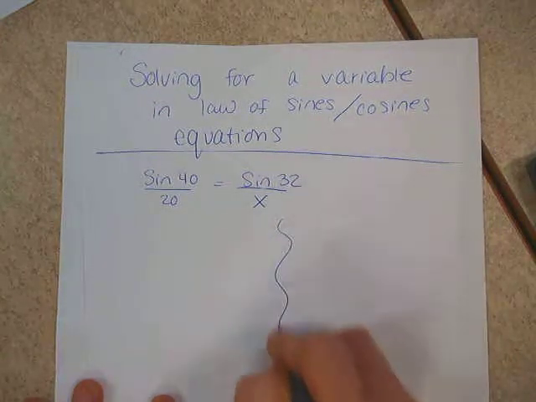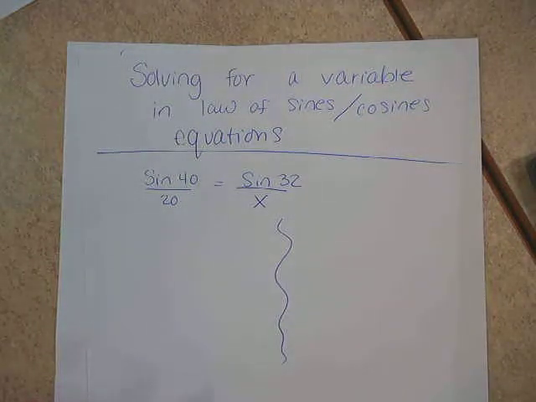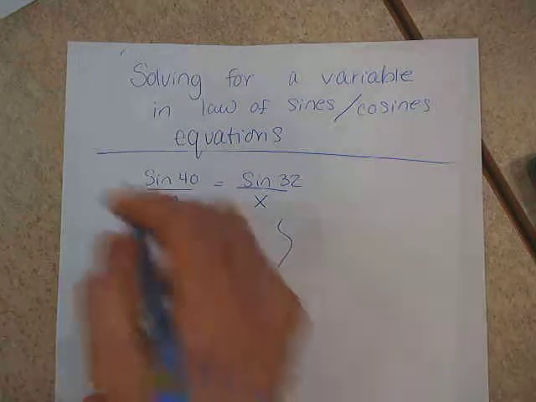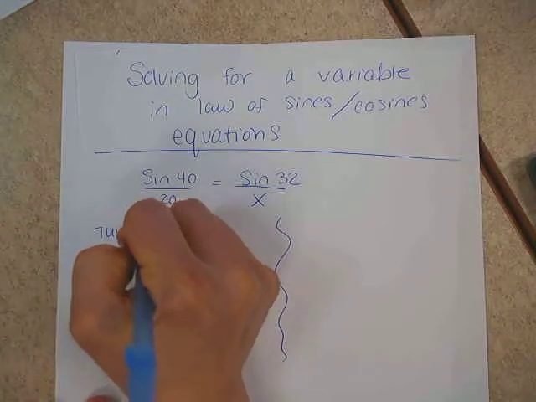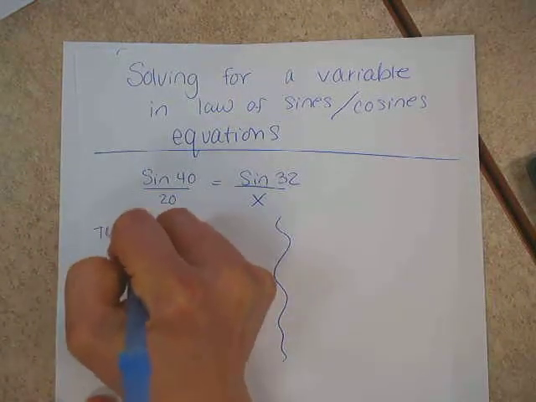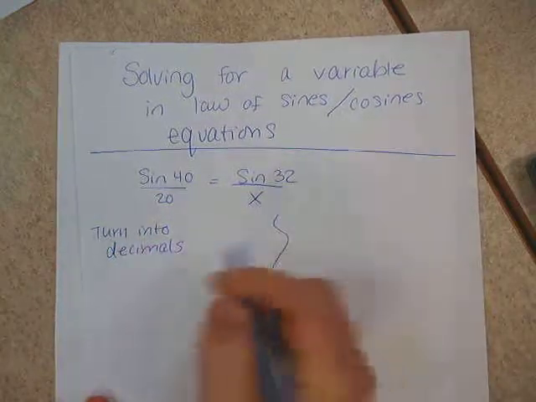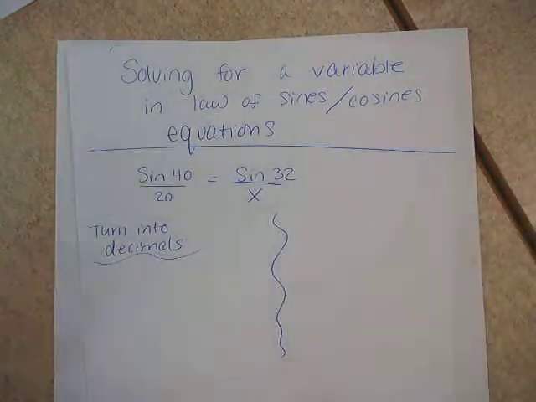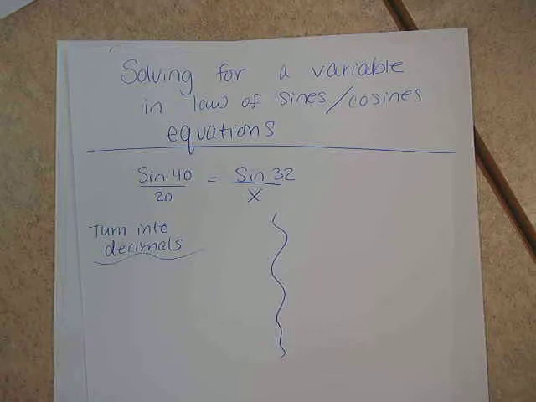So I'm going to show you two ways. The first way is we'll just turn them into decimals. Using your calculator, we're going to do sine of 40, which is 0.642787.